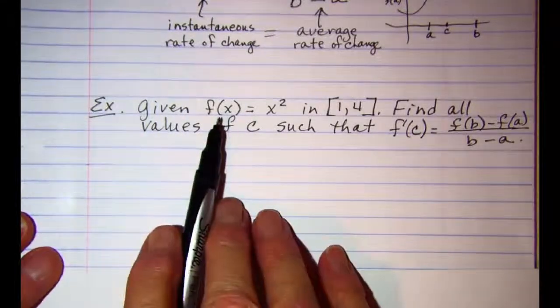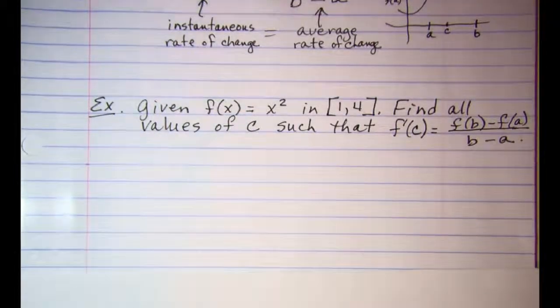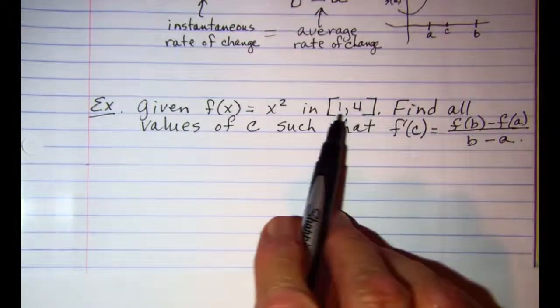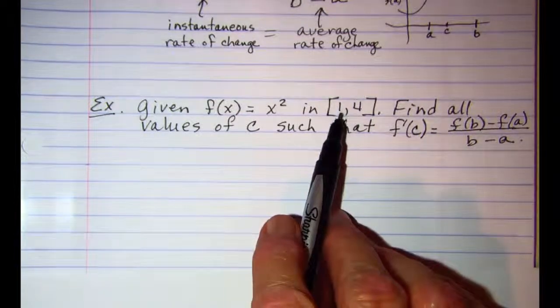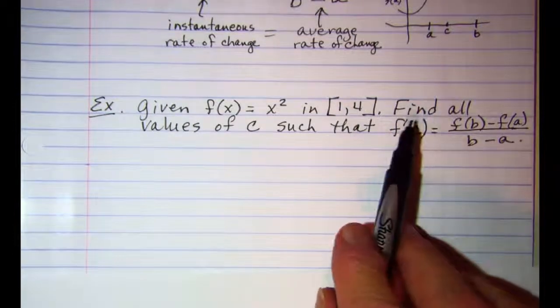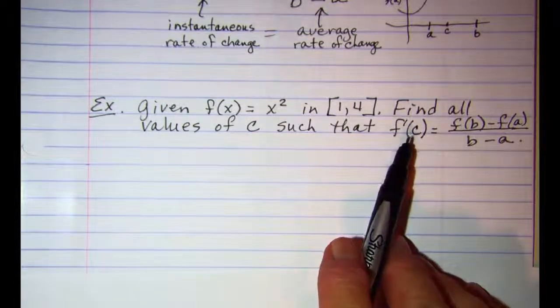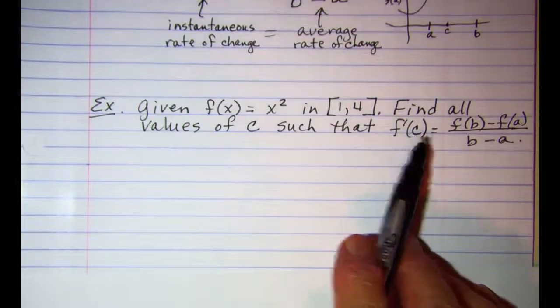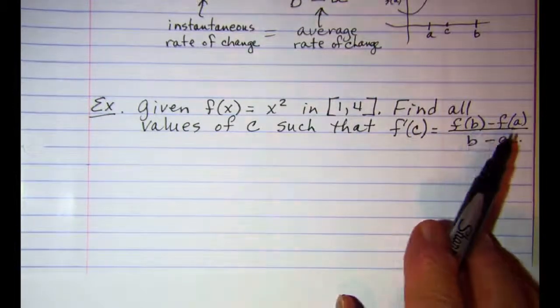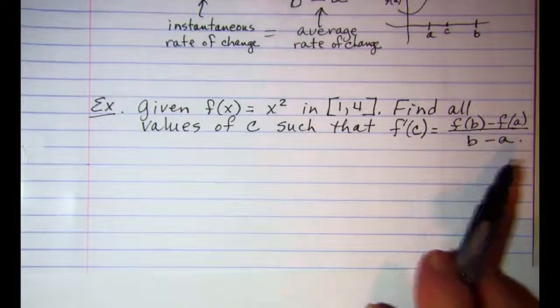And let's do a problem. Given f of x equals x squared in the interval from 1 to 4, we want to find all values of c such that the derivative evaluated at c is equal to f of b minus f of a over b minus a.